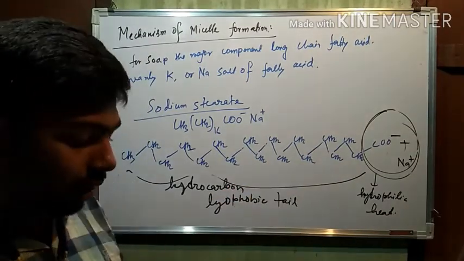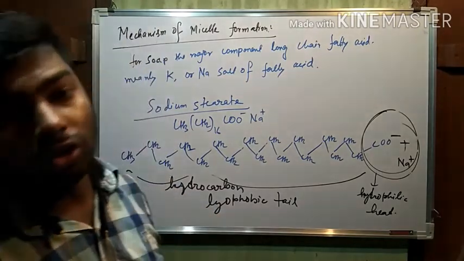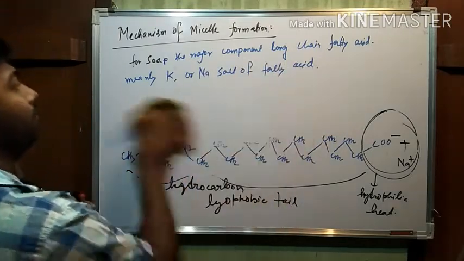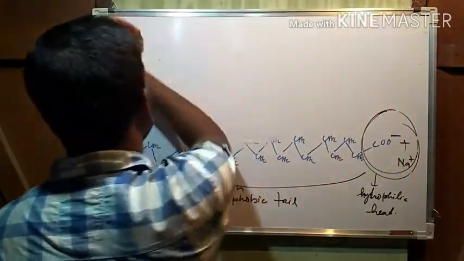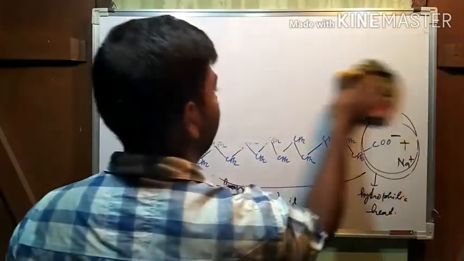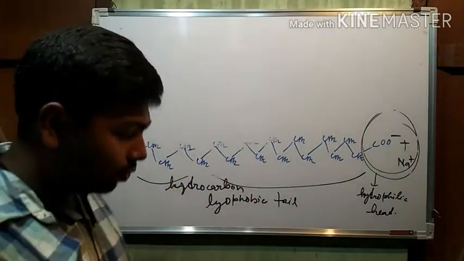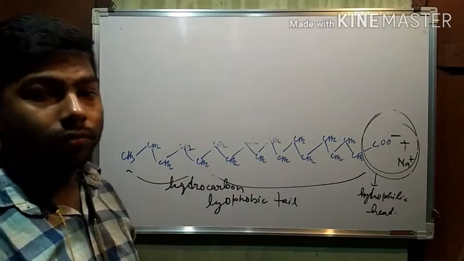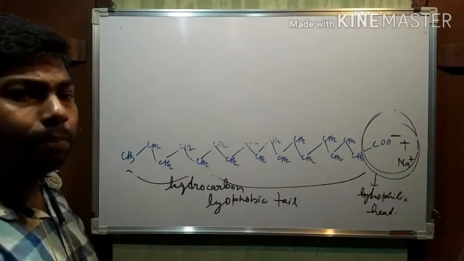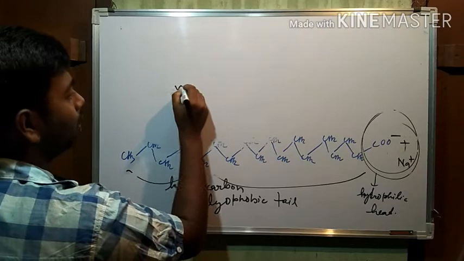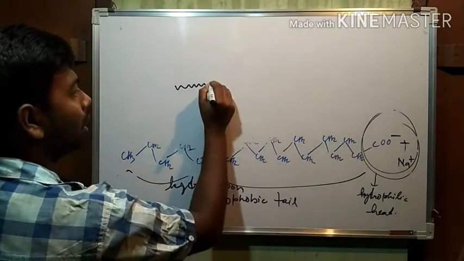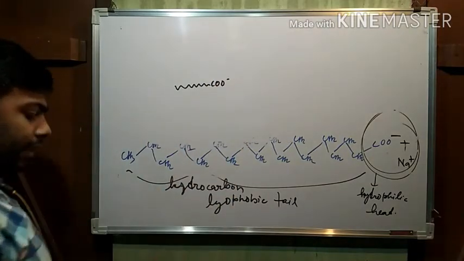Now, how are they situated in the solution? Let us see. Suppose we write this sodium stearate in a simple way. This one is the hydrocarbon chain and this is the negative part.